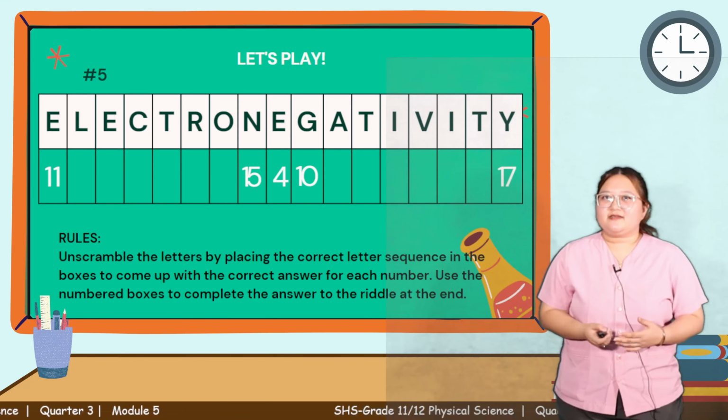And of course, it is the smallest unit of matter. Now, did you take note of the letters that correspond to different numbers? We're going to use those letters to answer our riddle. It shows the three-dimensional arrangement of bonding groups of atoms around a central atom. What's the answer? That's right. We're looking at molecular geometry.